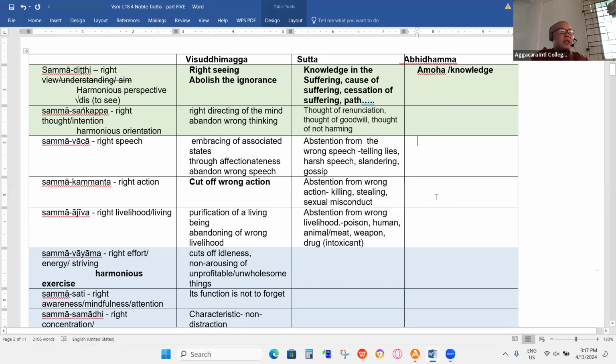In the Abhidhamma you also find they are quite similar to the sutta. Now, Samma Ajiva is the purification of beings. So when we think about that, what is the result of having right speech, action, livelihood? This is considered as sila, morality.